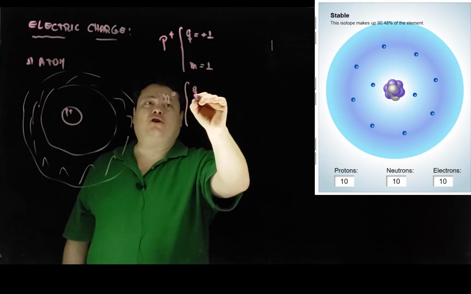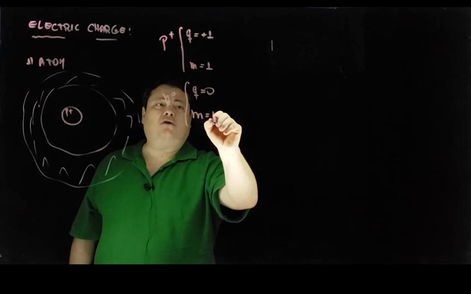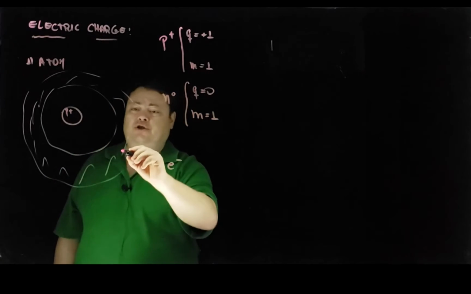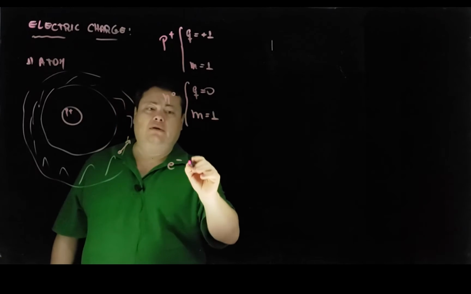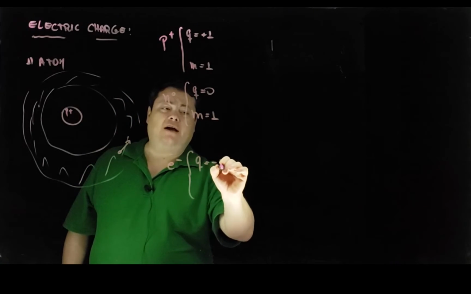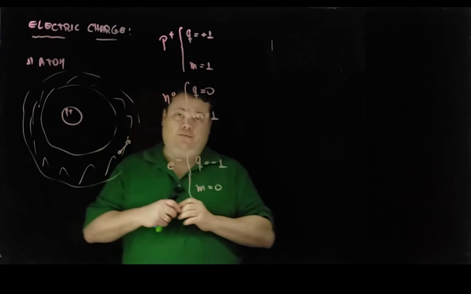They have a charge of 0, like their name says, and also a mass of 1. And then the electrons, which are moving around, have a charge of -1 and a mass of roughly 0.